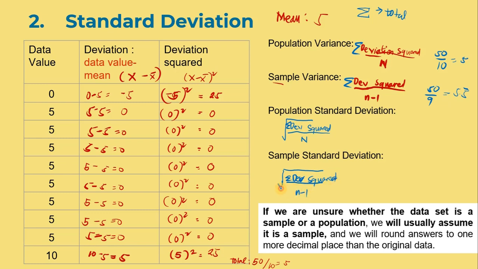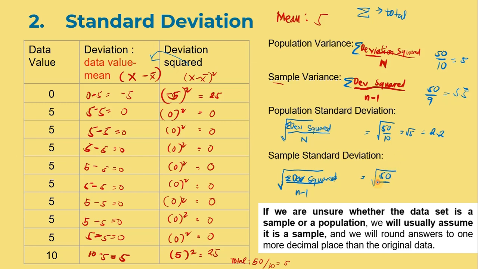So you're trying to bring it back. Since the variance came from the squares, you use the square root. So this is now your sample standard deviation. If you solve 50 divided by 10, the square root of 5 on the calculator is 2.2.